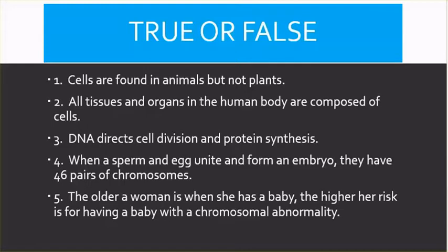Number 4, when a sperm and egg unite and form an embryo, they have 46 pairs of chromosomes. Number 5, the older a woman is when she has a baby, the higher her risk is for having a baby with a chromosomal abnormality.